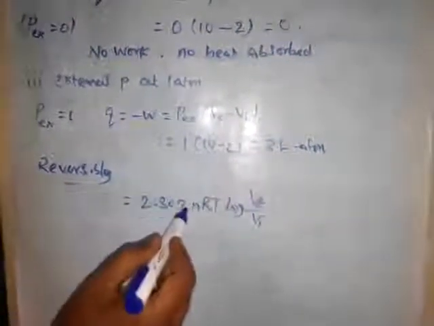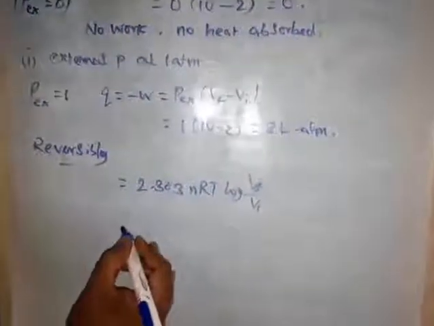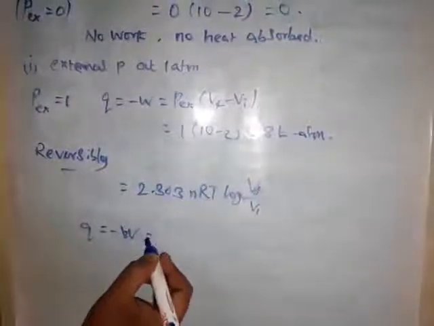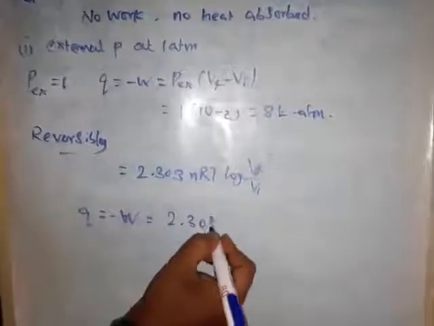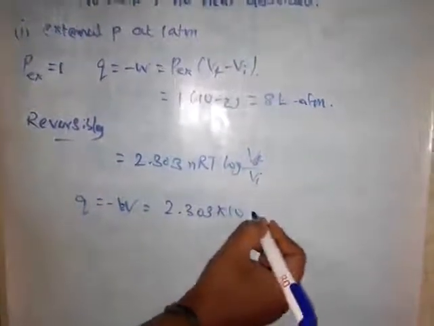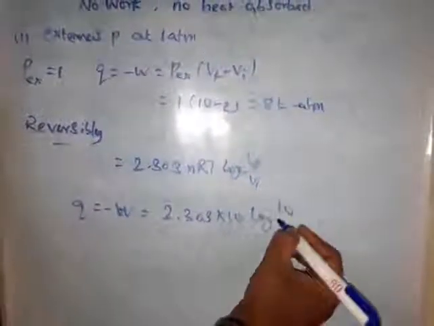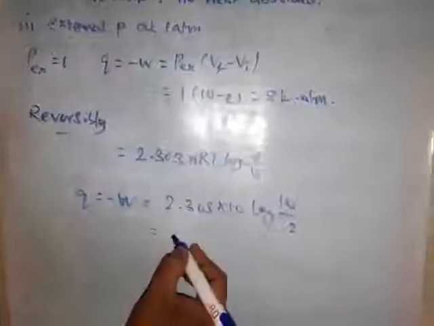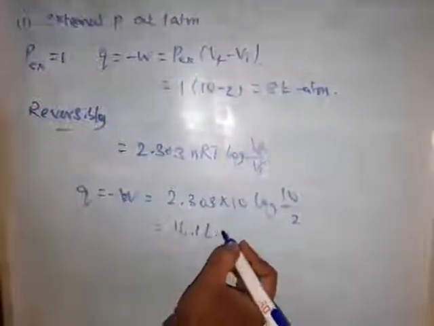Here the final volume is 10, so using this, Q is equal to minus W is equal to 2.303 into 10 into log of V final 10 by V initial 2, so we get 16.1 liter atmosphere.